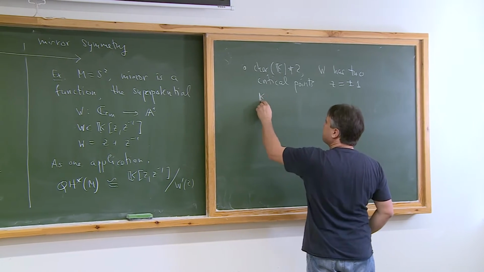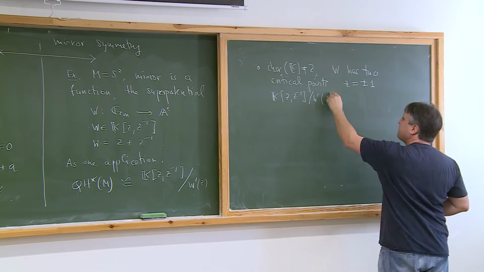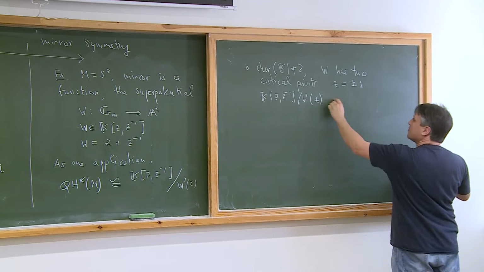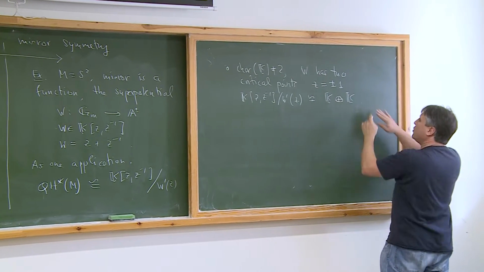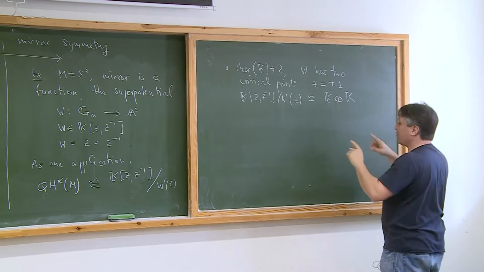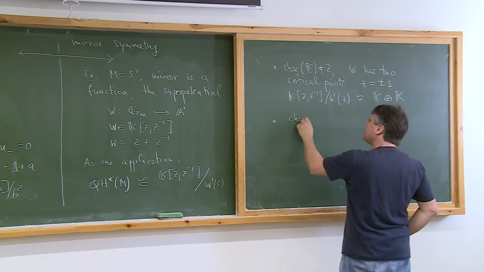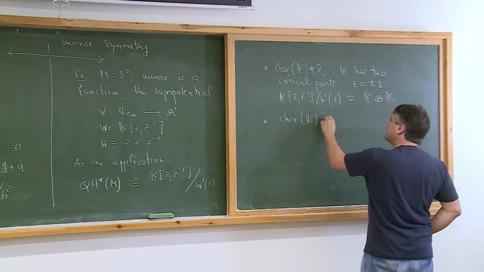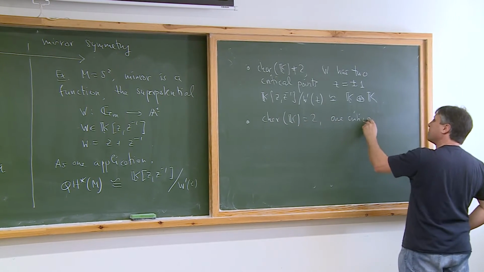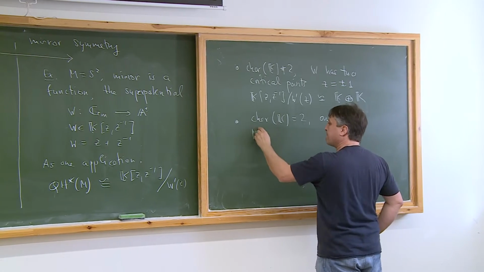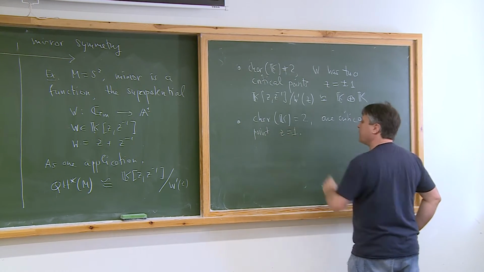So one located at each. It's the ring of functions on 2 points, and if the characteristic of K is equal to 2, then there is 1 critical point, obviously. Okay. Z equals 1.